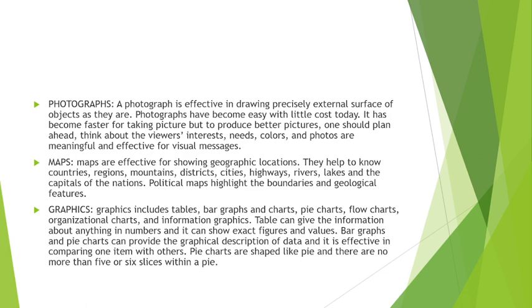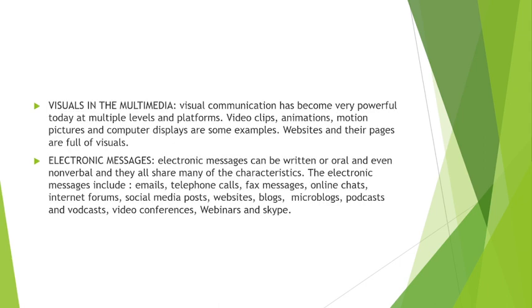Bar graphs and pie charts can provide the graphical description of data, and it is effective in comparing one item with others. Pie charts are shaped like pie, and there are no more than 5 or 6 slices within a pie chart. We cannot keep more information than 5 or 6 slices.